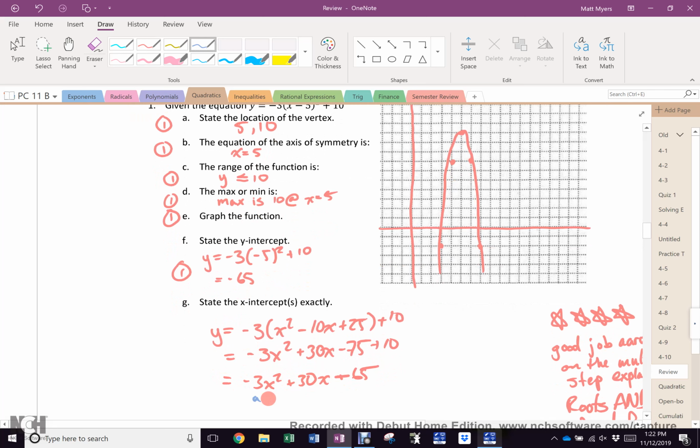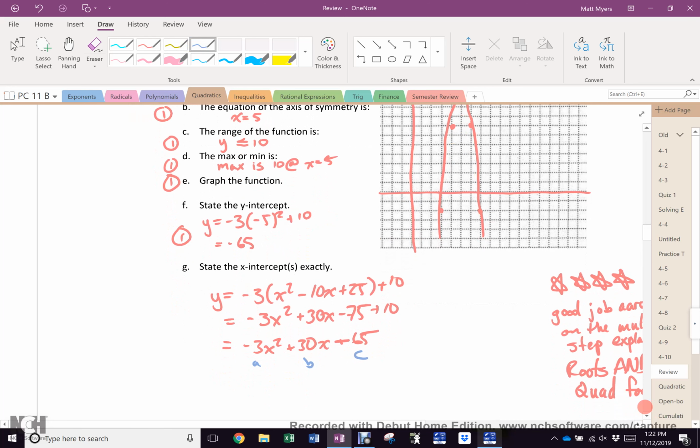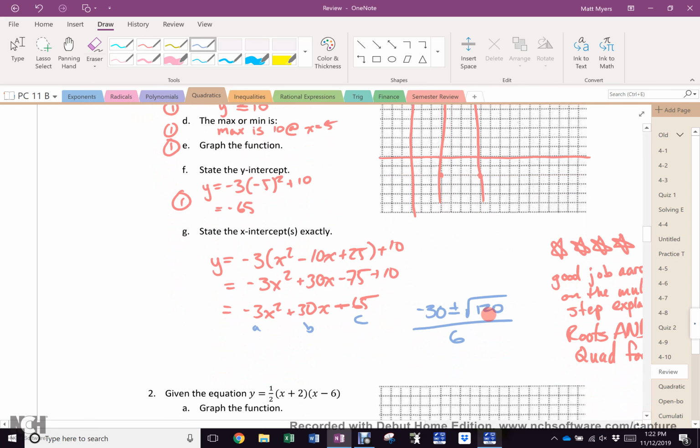And there's your A, B, and C. And of course you end up with negative 30 plus or minus the root of 120 over 6. And of course you would simplify 120 because it's 4 times 30, which is 6 times 5, so 4. You bring out a 2, so that's 2 root 30.